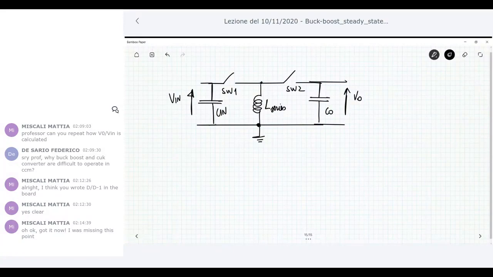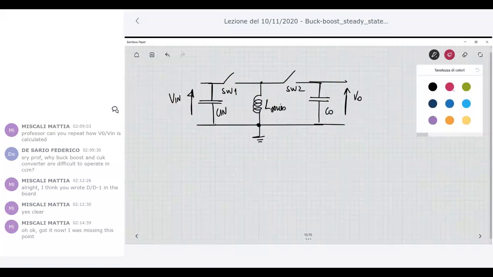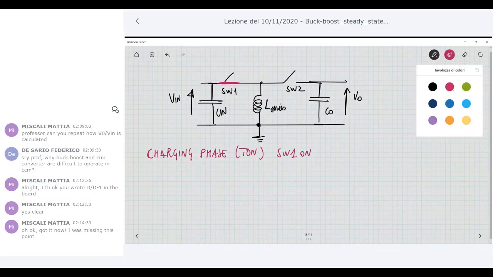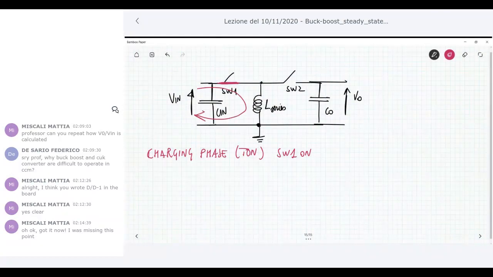Let me analyze this circuit, which is a direct derivation of the previous one. Okay. During, for example, the phase which I call the charging phase, the on phase, switch 1 is on and switch 2 is off. When switch 1 is on, I can replace the switch by a short circuit.